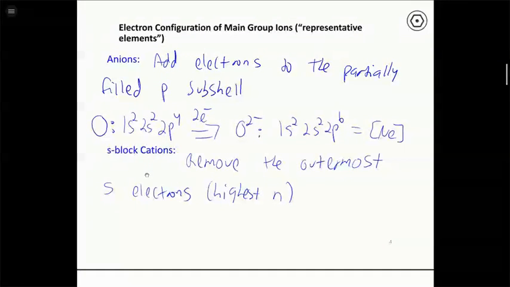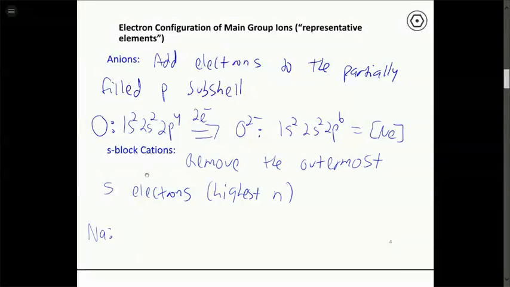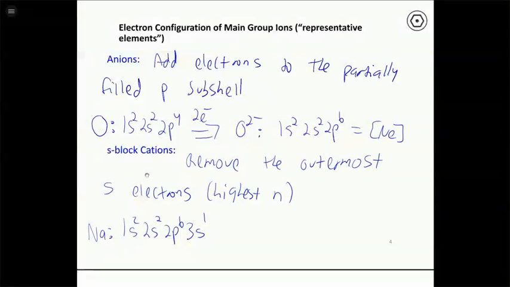Okay, so that means if we have sodium, let's start with that simple example. The full configuration for sodium is 1s2, 2s2, 2p6, and then 3s1. So all these group 1A atoms have a single electron in a valence s orbital. And if we want to make a cation for this, we said that we can remove one electron, and that's going to get us to the nearest noble gas configuration for Na+.